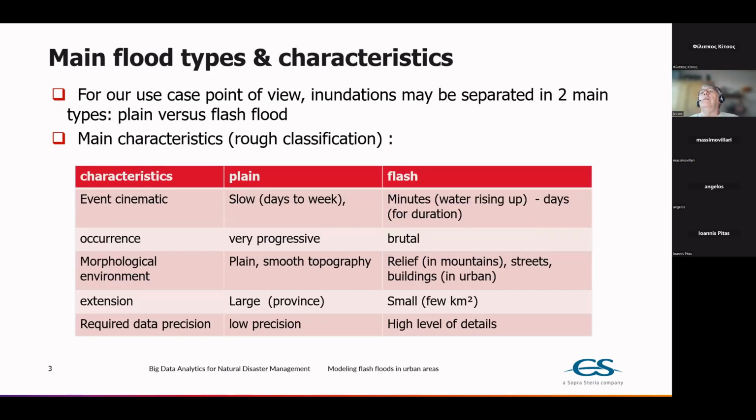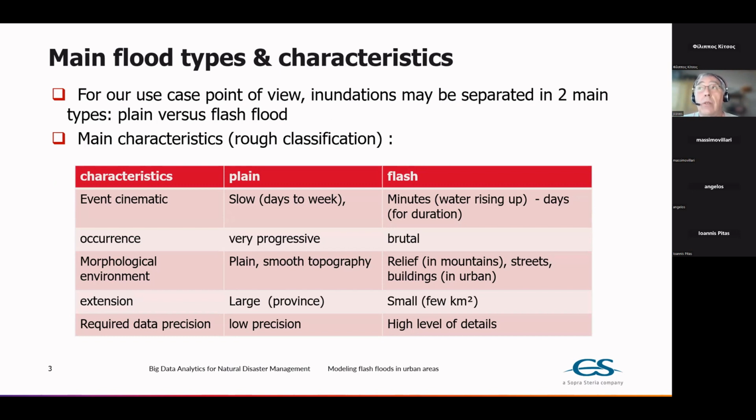So, I hope there are not many hydrologists among the attendees, because I made some very large and gross simplification for a large public. We can divide the flood in two main types. Actually, it's not completely true, but for our case, it's interesting to divide that because of the characteristics of these floods.